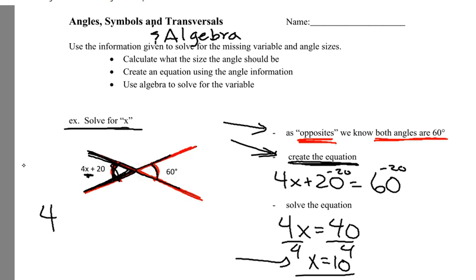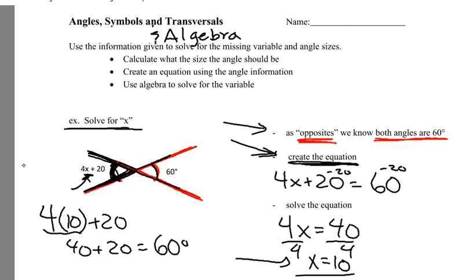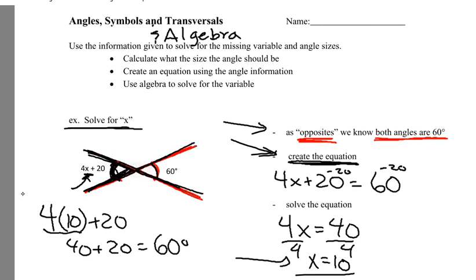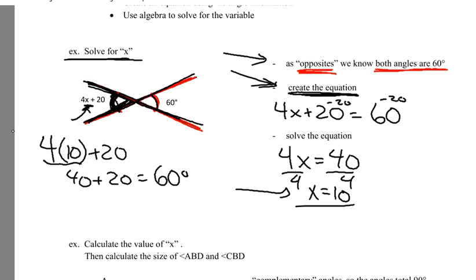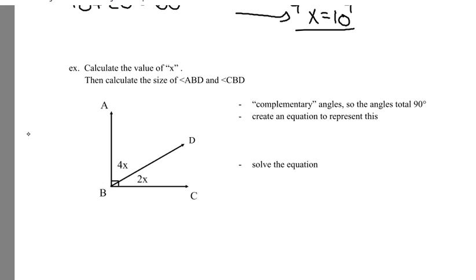If we do a quick check and plug that x value of 10 into this, 4 times 10 is 40, plus 20, there's the 60 degree angle, which it should be because it's opposite 60 degrees. This little concept is about bringing two concepts together: thinking about the angle relations and then solving for an unknown.